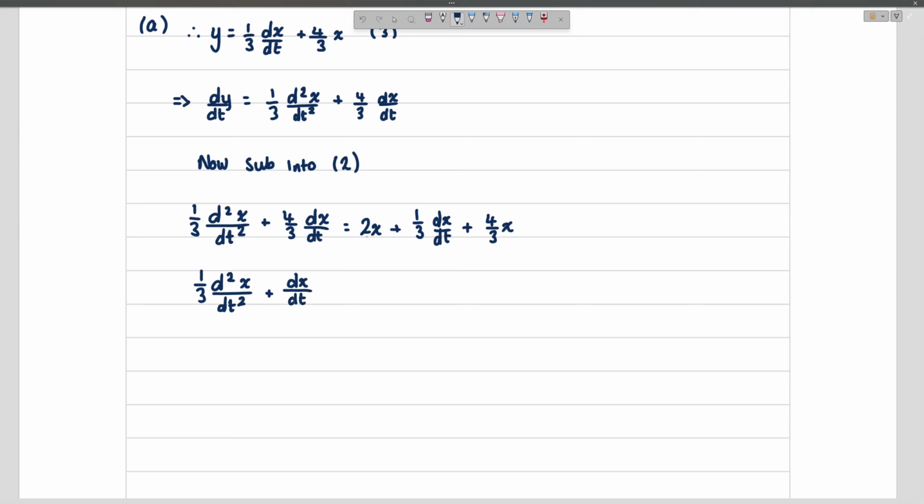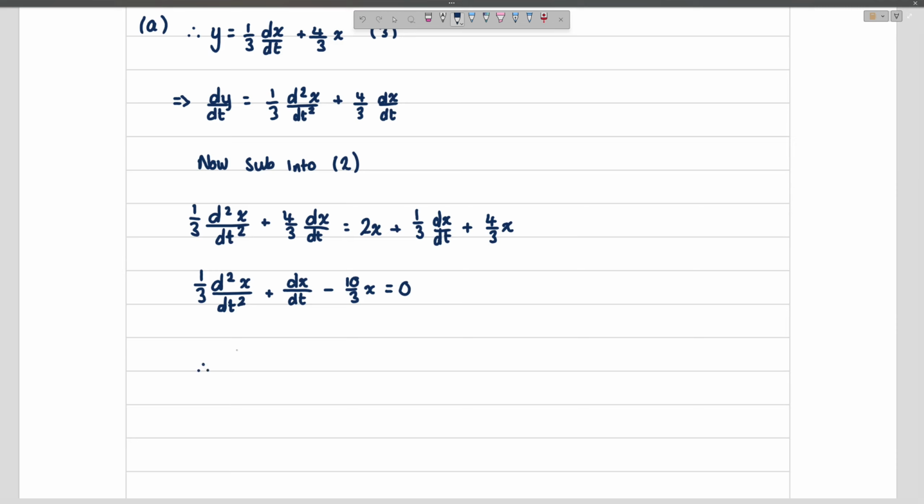And then finally, 2x plus 4 over 3 x, that is 10 over 3 x. So subtract that off both sides, right? We want the right-hand side equal to 0. Get minus 10 over 3 x there, and this is equal to 0. So to finish, all we need to do now is times through by 3.